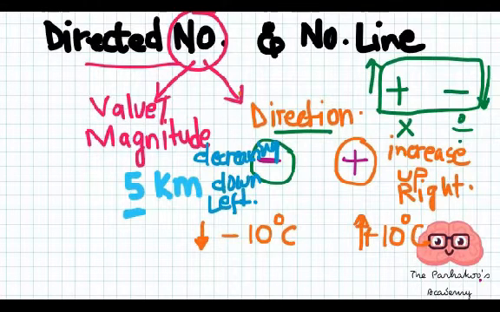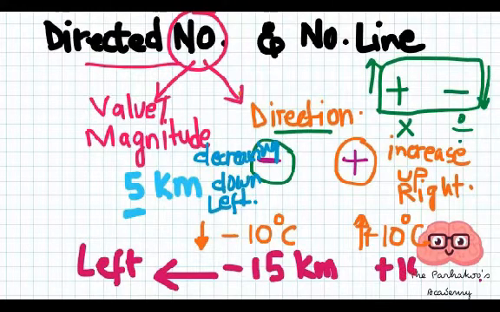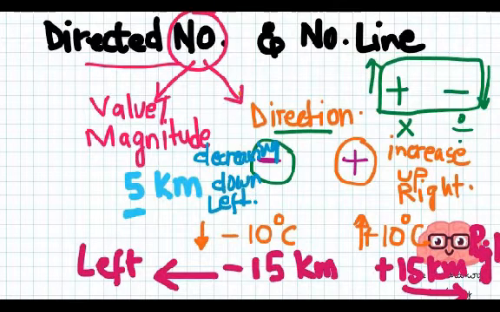If the quantity under consideration is distance, for example, a negative sign with 15 kilometers means that something is moving towards left. And with positive 15 kilometers, it means moving towards right. So it shows us the direction of something.